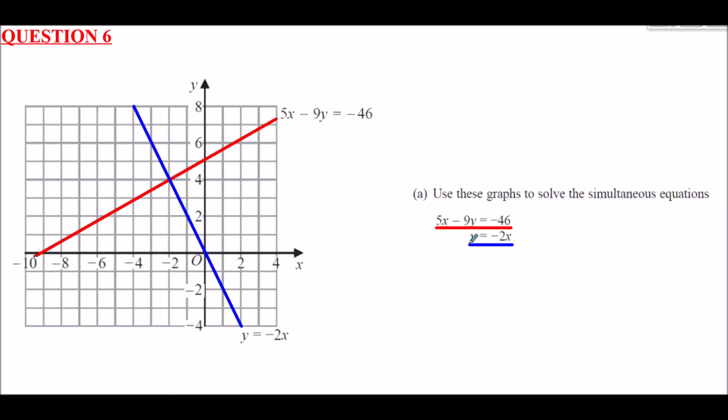So where do these two lines cross? Obviously we cross in the middle here, where I've coloured it in green. So all we need to do is read off the coordinates of that point. The x-coordinate is -2, the y-coordinate is 4. So the solution to these equations is when x is -2 and y is 4. So that's how you use the graph to solve them.